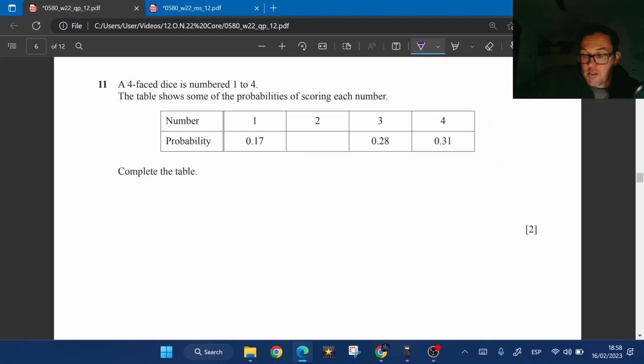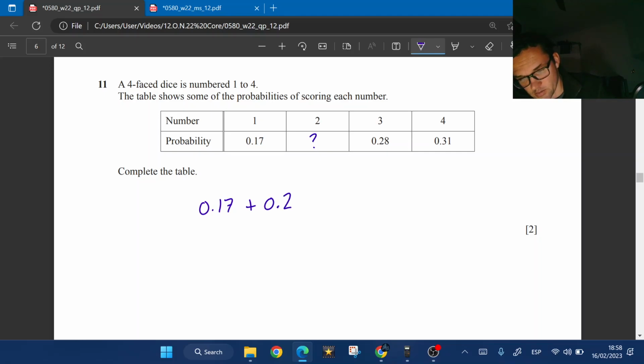Right, 4-faced dice. Don't see them a lot. The table shows the probability of scoring each number. Now, remember that probabilities always add up to 1 or 100%, which means if we add up these probabilities, 0.17 plus the missing one plus 0.28 plus 0.31, you need to get 1.